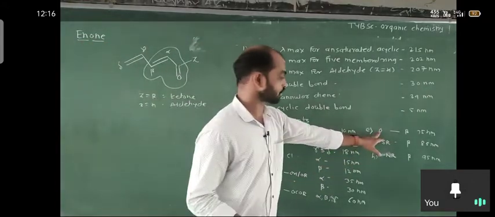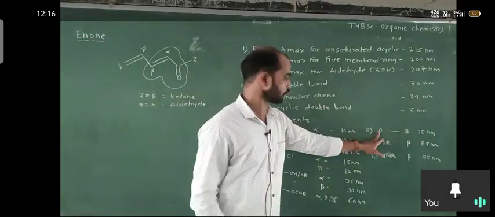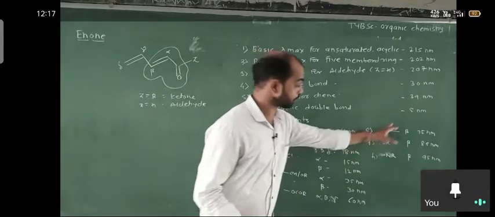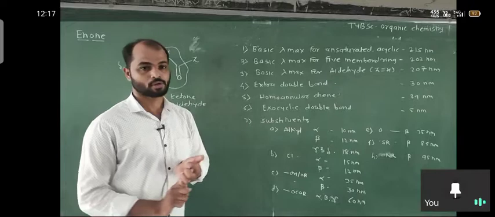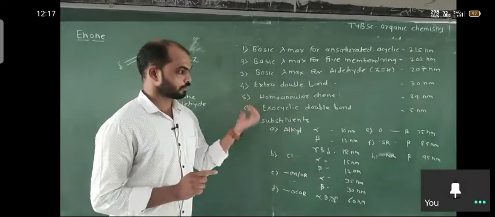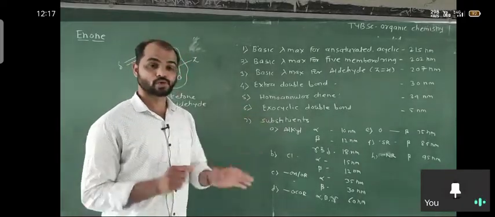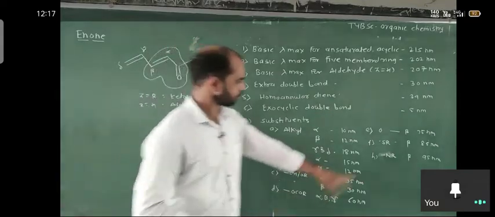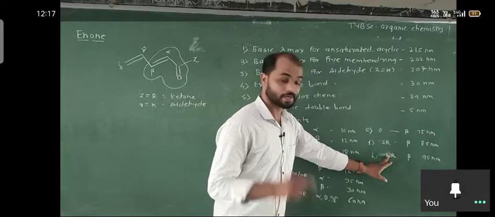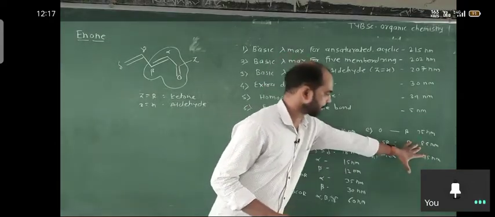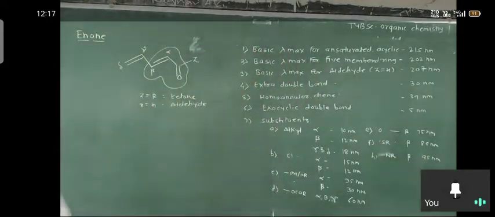If only a single oxygen is present on beta position only, for alpha, for gamma, for delta, there is no value given. So their effect is only possible on beta position. Thio group, SR group on beta position, NR group on beta position. So 85, 95 nanometer values are given.